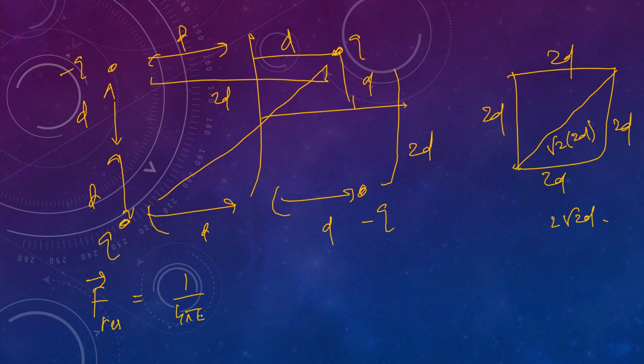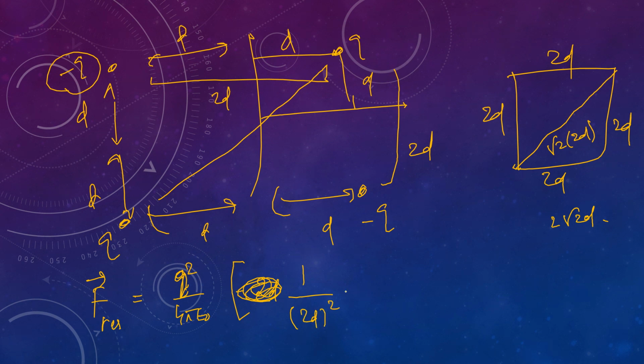1 by 4 pi epsilon, I will take it out, and q square will also be there. So we'll just do the coordinates here. For this one, the distance is 2d, so 1 by 2d whole square, minus i cap.